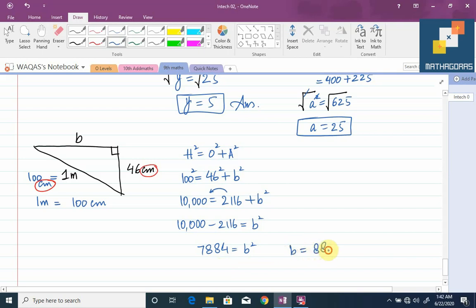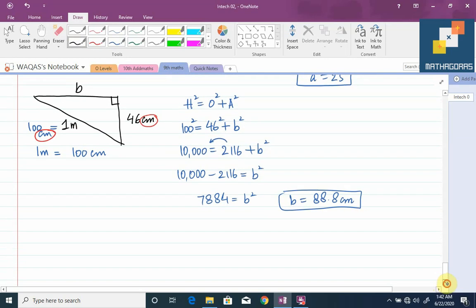So the answer of B is 88.8, and our unit is centimeter, because we converted our whole question into centimeters. If we had converted the units into meter at the beginning of our question, then our final answer would be in meters. Right?